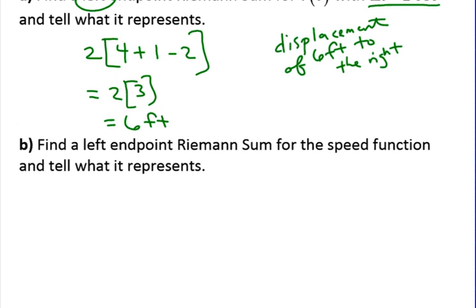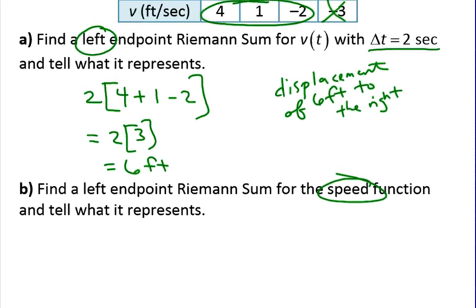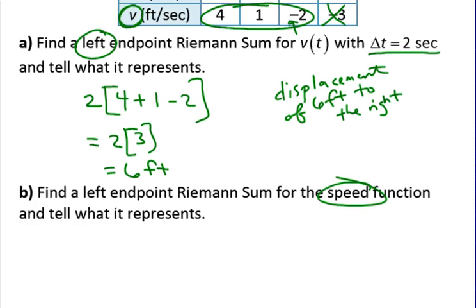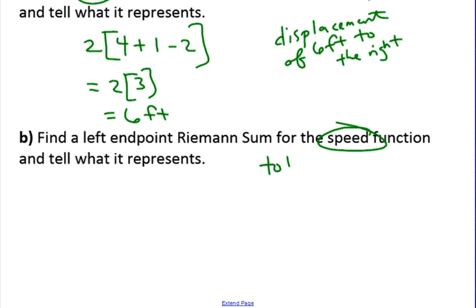And then for part B, it says find the left endpoint Riemann sum for the speed function. So the importance here is remembering that velocity, which we have here, can be negative. All right, but since now we're looking at the speed, it will be positive there. So when we're looking at the Riemann sum for a speed function, you're not looking for displacement, you're looking for total distance traveled.